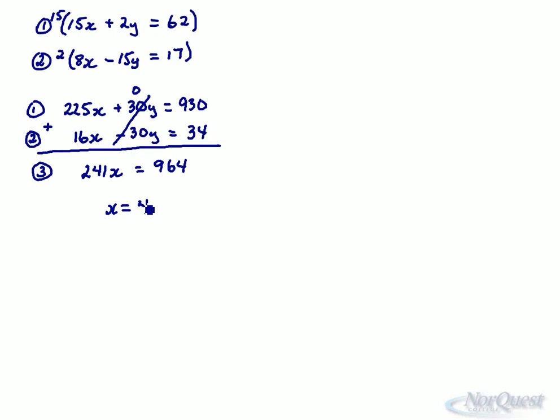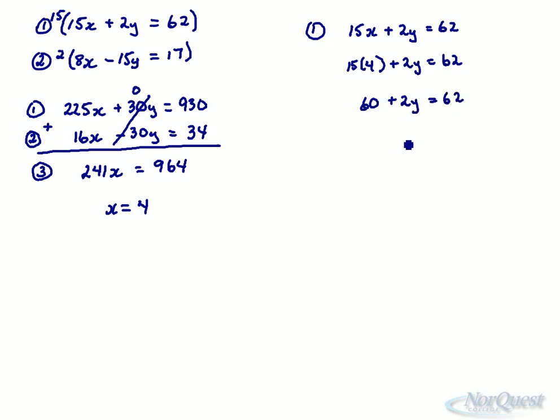Plug that into one of your simplified equations. Go back to equation 1. 15 times x plus 2y is going to equal 62. 15 times 4 plus 2y equals 62. 60 plus 2y equals 62.